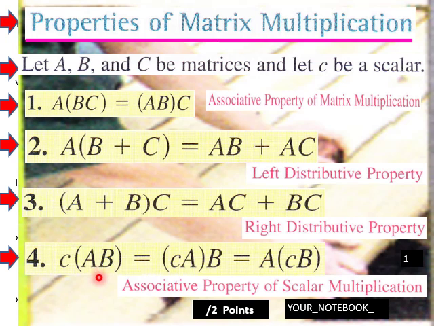And then our scalar c times AB, which would be our two matrices, would be equal to cA times B, would also be equal to A times cB as well. So we have the associative property here of scalar multiplication.